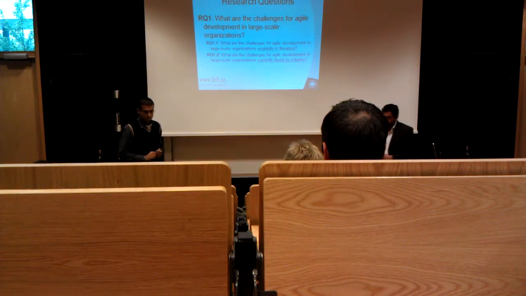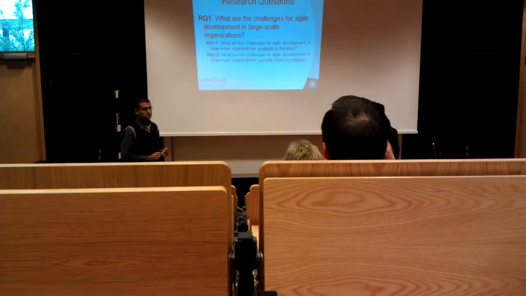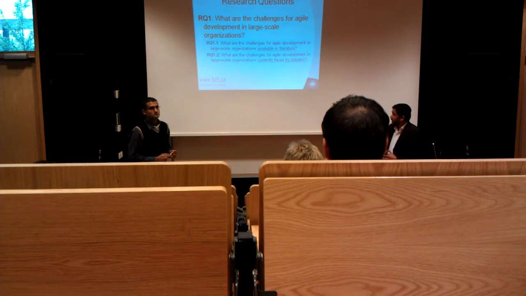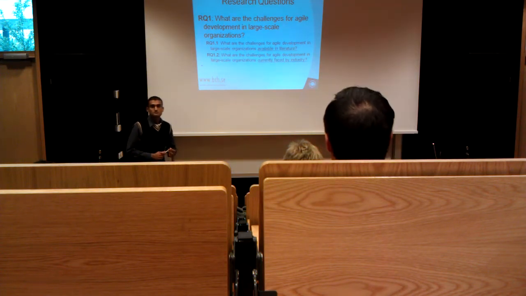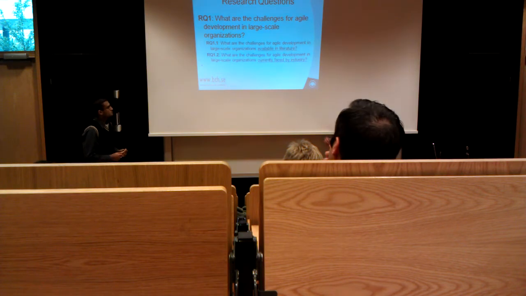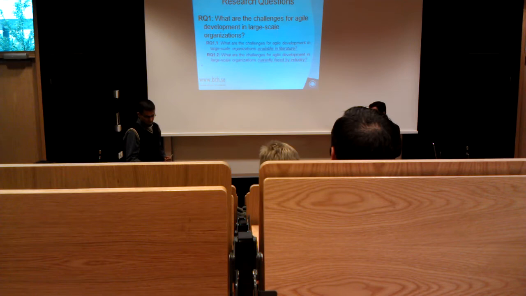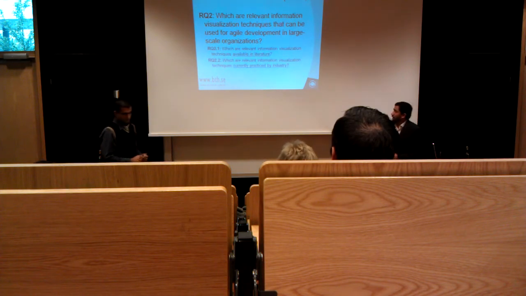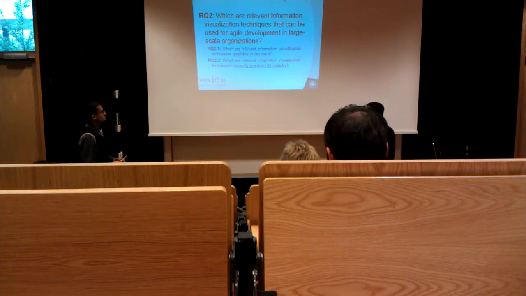So, here are our formal research questions. Our first research question deals with the challenges of Agile development in large-scale organizations. It has two sub-research questions: one is what is available in the literature, and the second deals with the challenges currently faced by the industry. Our second research question deals with the information realization techniques that can be used in Agile development for large-scale organizations.